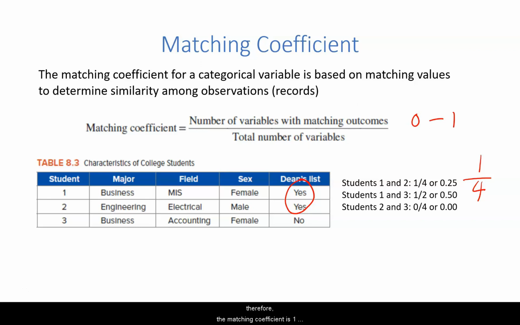Therefore, the matching coefficient is 1 over 4 or 0.25. As you can see, based on the matching coefficient, student 1 and 3 are the most similar because of the high matching coefficient, and student 2 and 3 are the most dissimilar because of the low matching coefficient.